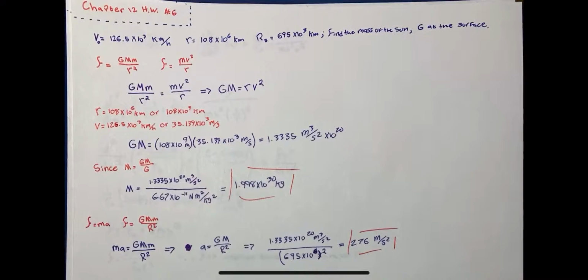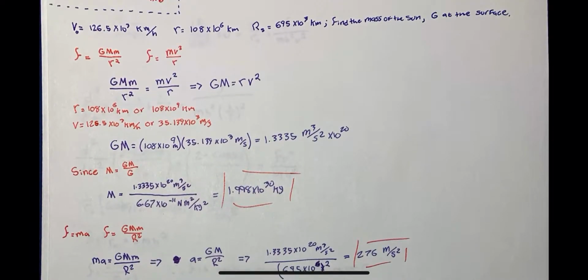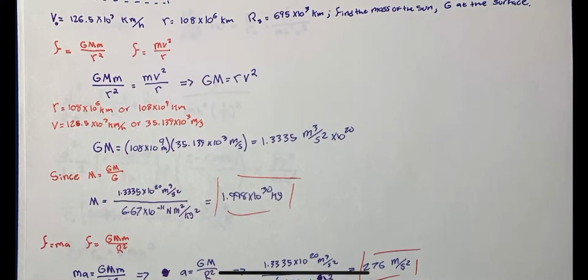So here are a couple force equations for planetary movements. F equals G capital M little m over r squared. Force is equal to little m v squared over r. And we can combine those two equations to get GM is equal to rv squared.